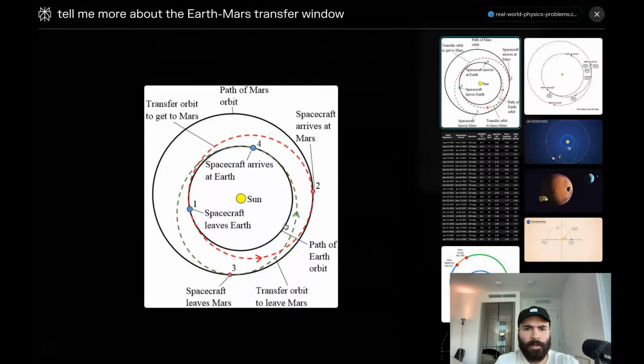Let's see, what are we talking about? Okay, so here we're talking. Spacecraft leaves Earth. This is the path of Mars. Transfer orbit to get to Mars. Spacecraft leaves Earth. Spacecraft arrives at Mars.